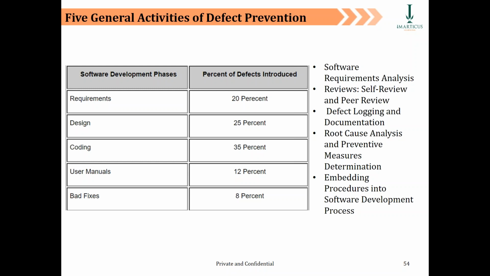One is called peer review. Peer review is a senior programmer reviewing the code which your team would have written. So self review and peer review are very, very important. Then you as a scrum master can make a lot of use of Jira for defect logging and ensuring that defects are documented, so that your team can quickly analyze their root cause and do something to make it more preventive.